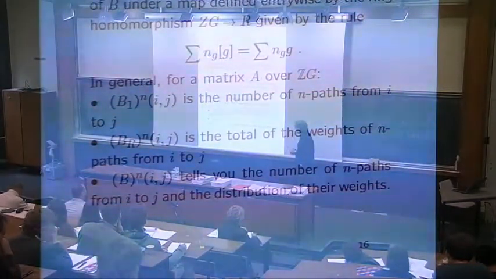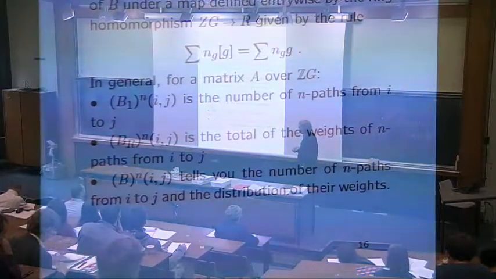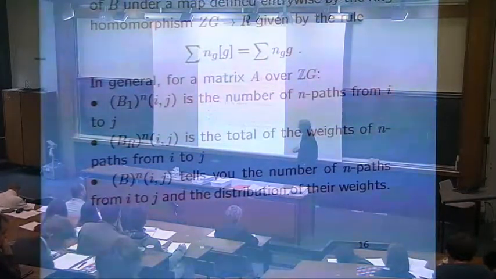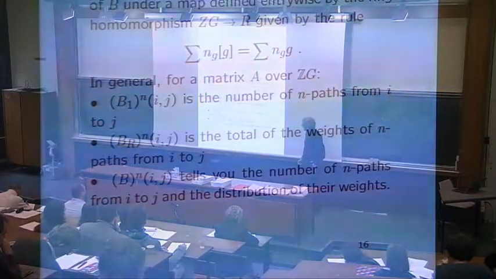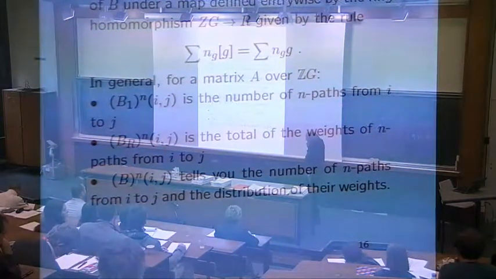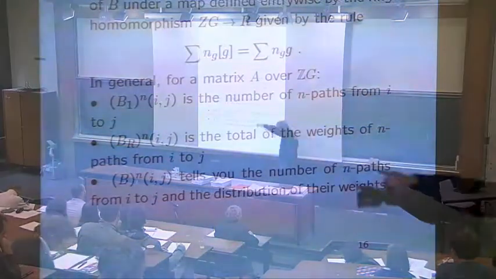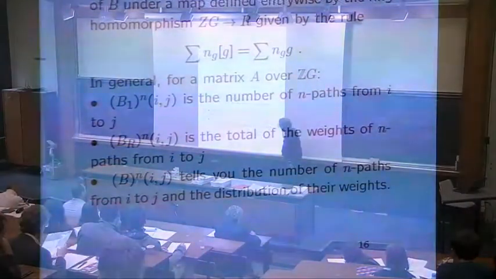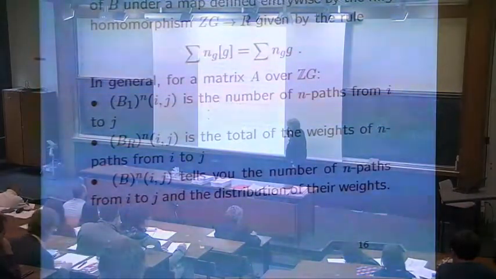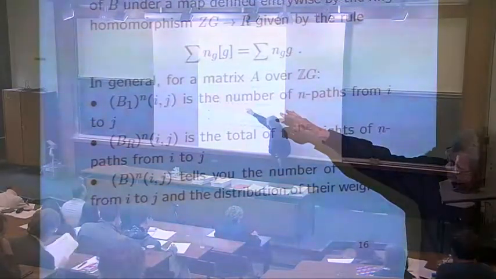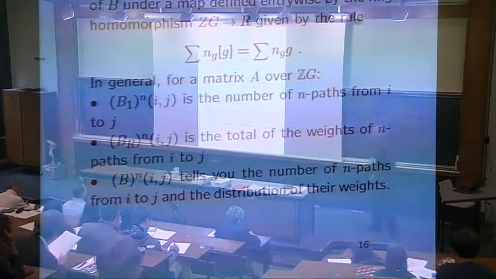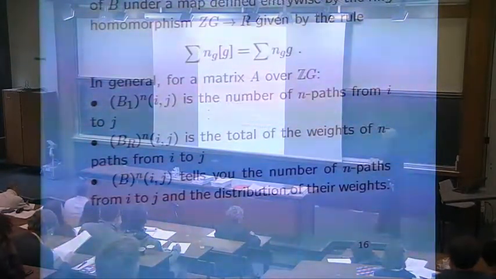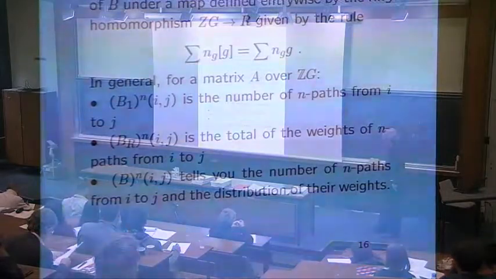In particular, such a matrix does have its entries in ZG, and this matrix A is the matrix B. If we take the image under the augmentation map, we recover the number of paths from i to j of length n for every i, j, and n.